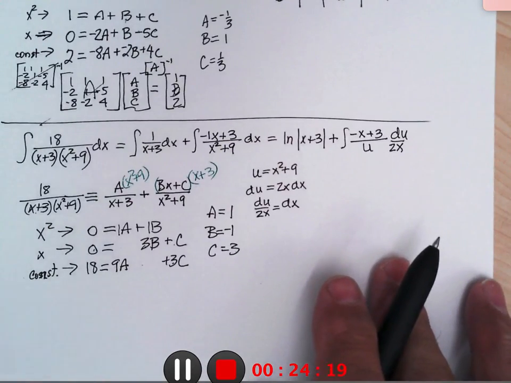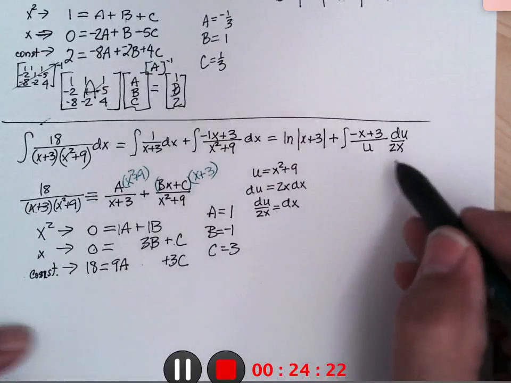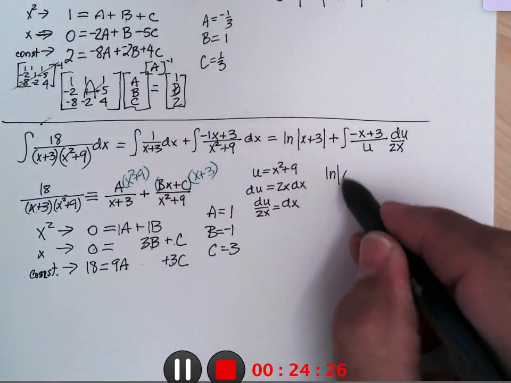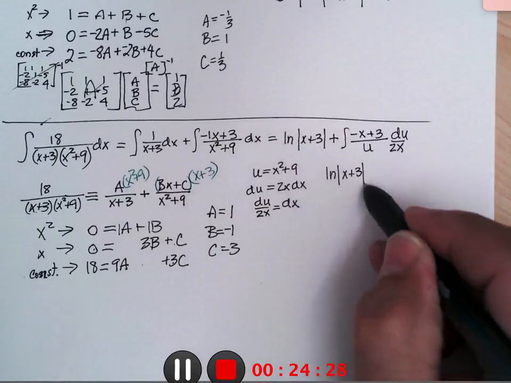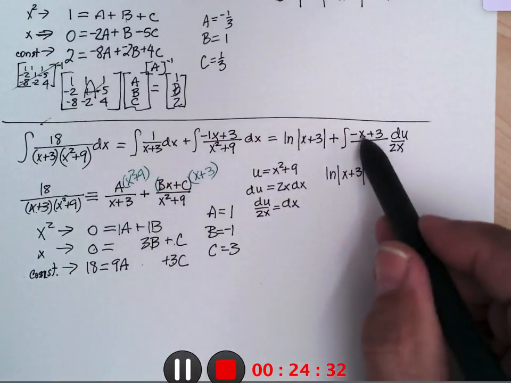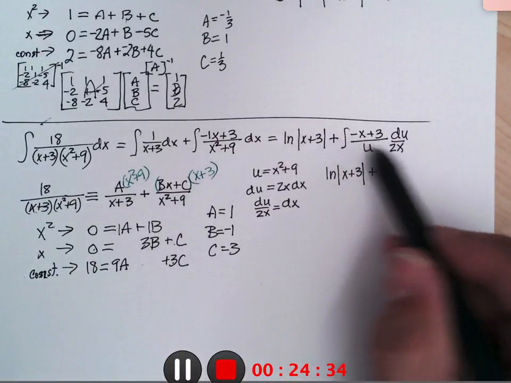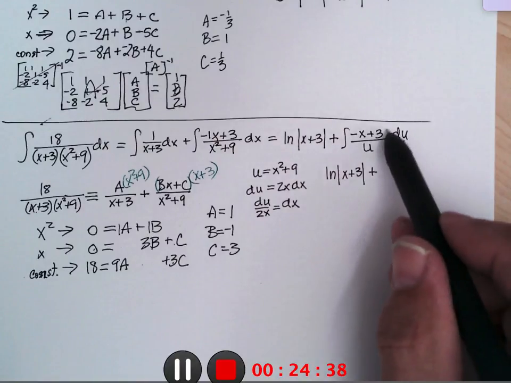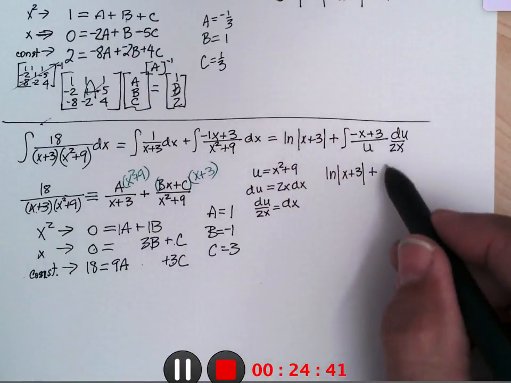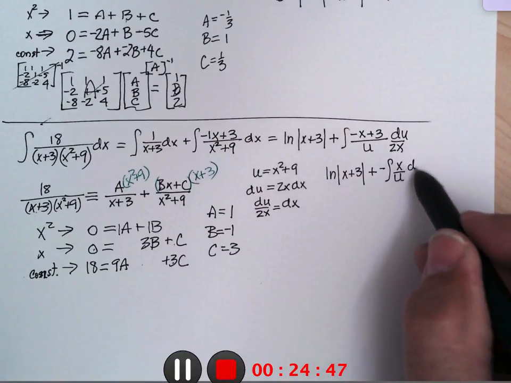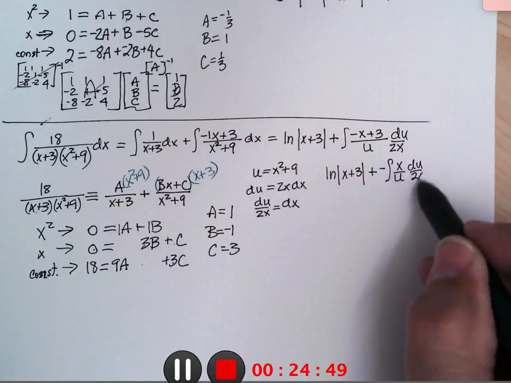And what's going to happen with this? So we got ln of x plus 3 plus. Now, I could split this up into two integrals, this and that. So it'd be negative the integral of x over u du over 2x. The x's cancel.